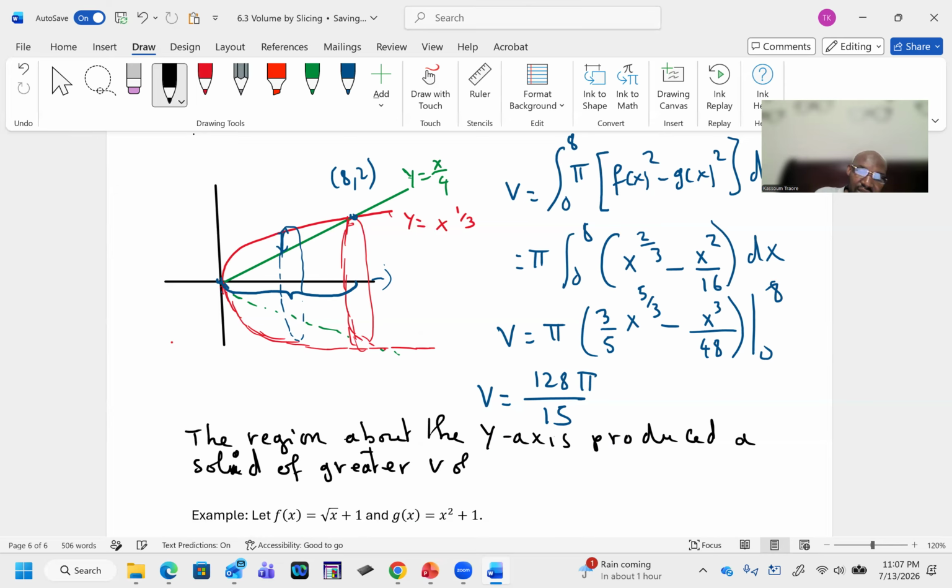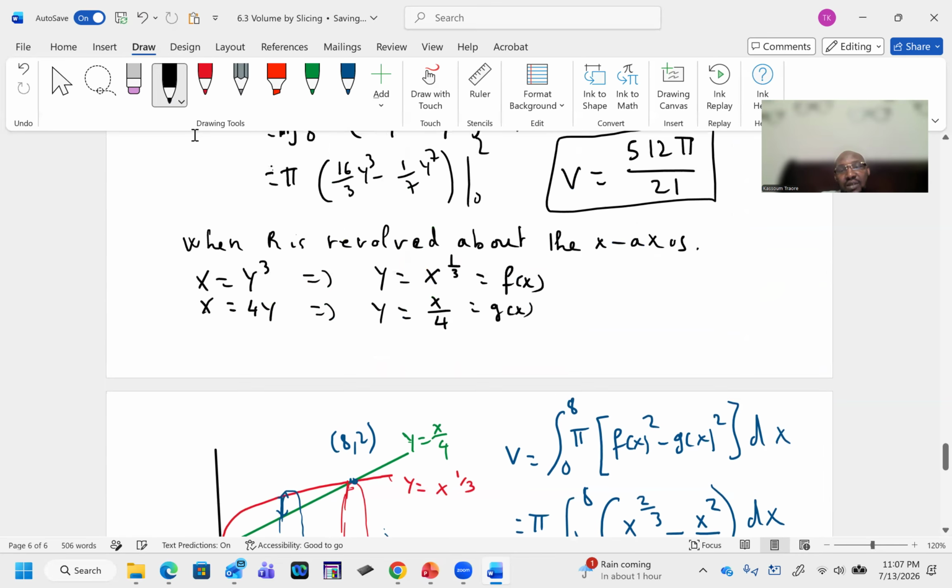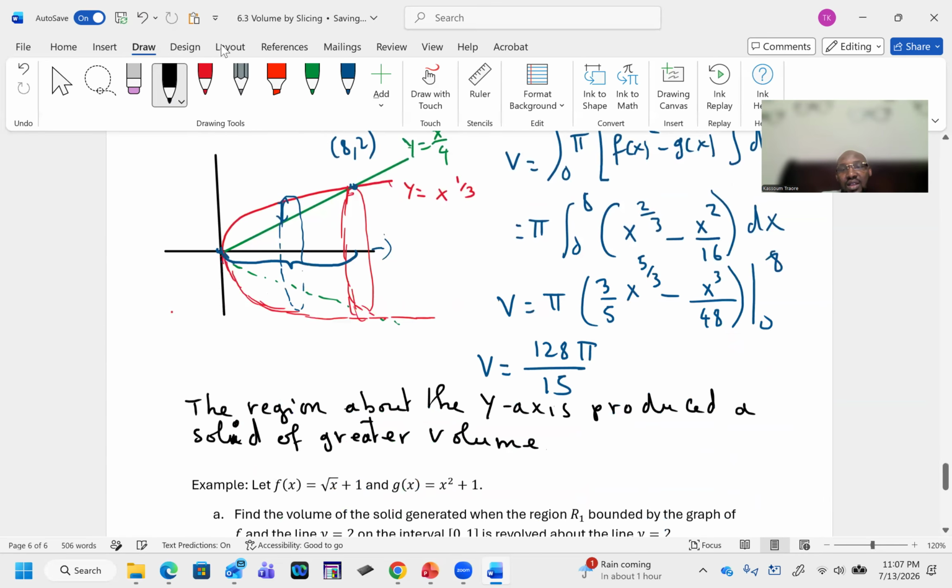And that's it, because we all know 512 pi divided by 21 is greater than 128 pi divided by 15.